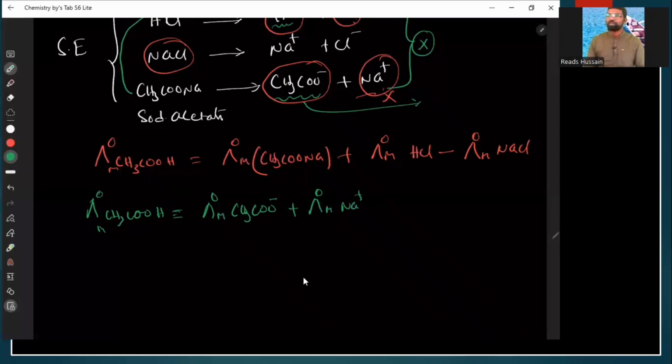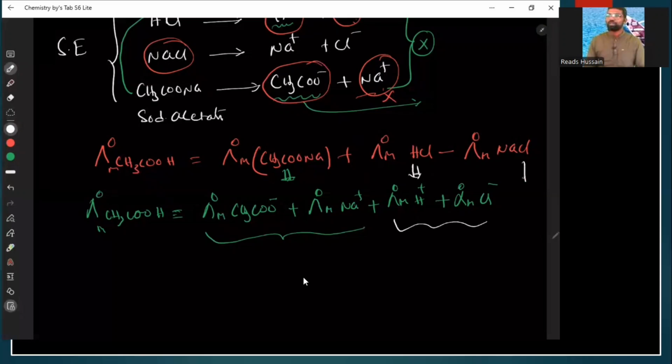See, this is the expansion of this part. Similarly you do for HCl: limiting molar conductivity of H plus plus limiting molar conductivity of Cl minus. This is the expansion of HCl.